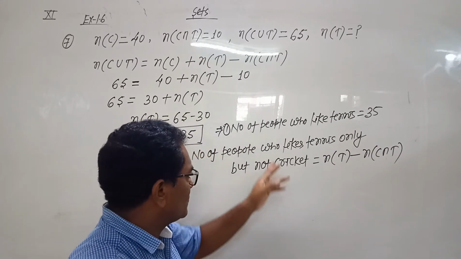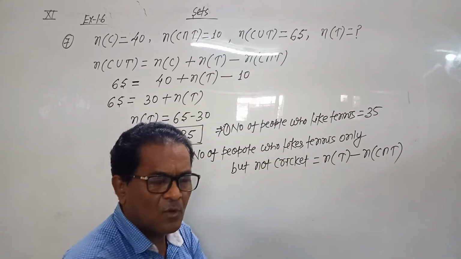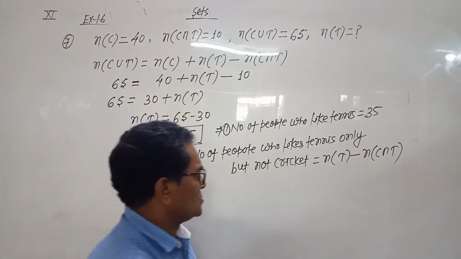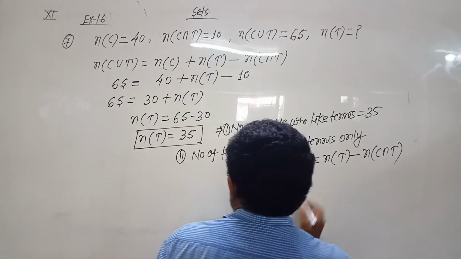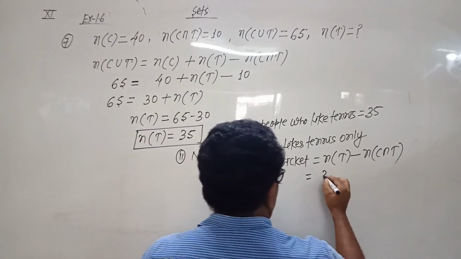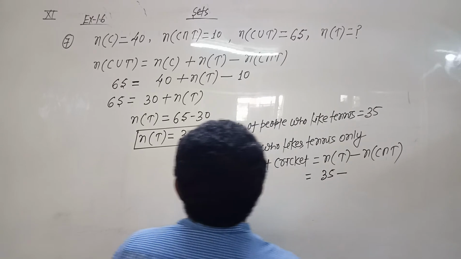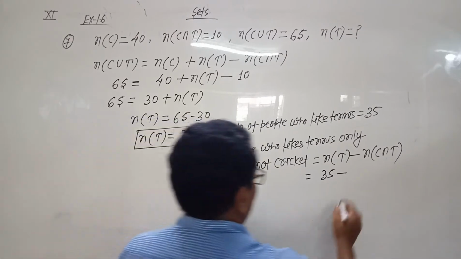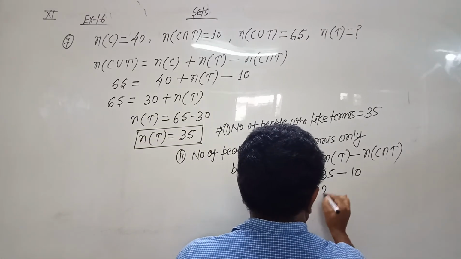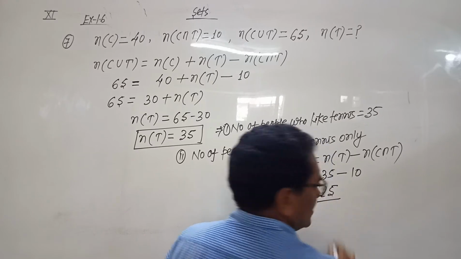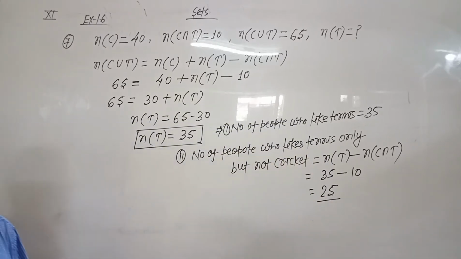We have to find the number of people who like only tennis. So n of T we have calculated as 35 and n of C intersection T is given as 10. So we get the result 25. So 25 people like tennis only but not cricket.